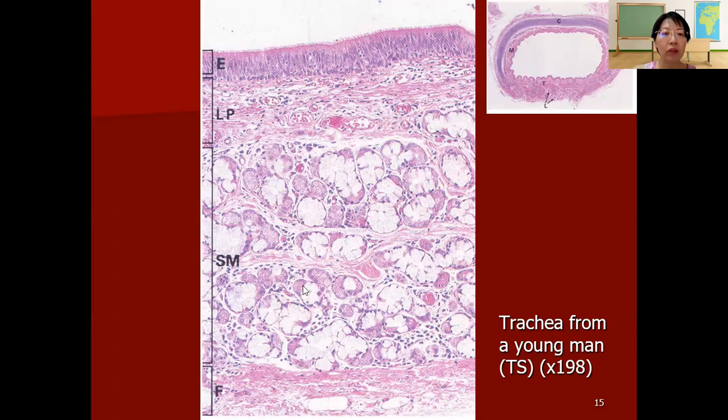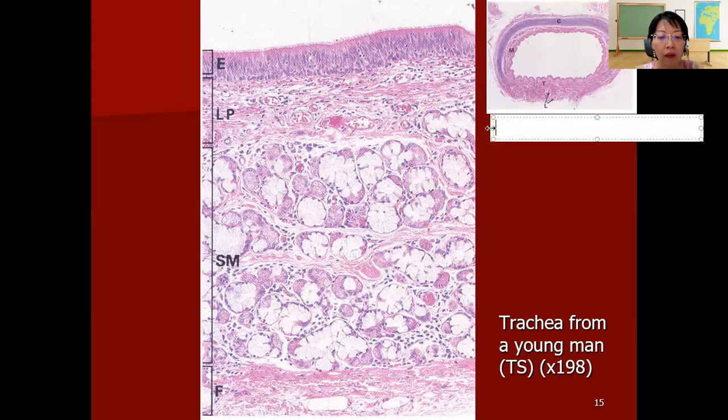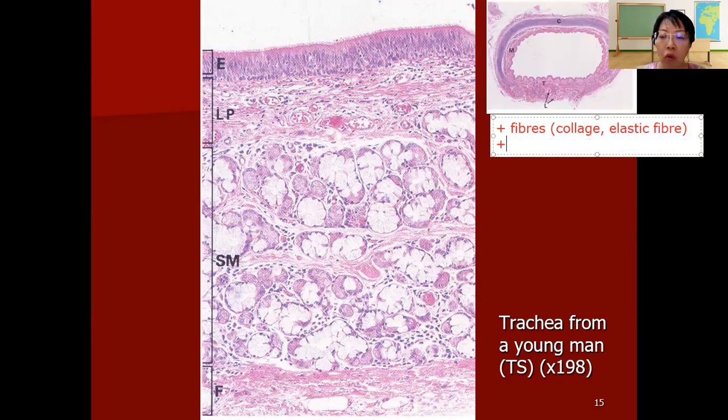After that, the rest of them are connective tissues already, but the connective tissue has got different composition in different locations. Basically, connective tissue will be made up of gel-like substance as well as fibers. The fibers that you can find can be collagen, it can be elastic fiber, and sometimes you also will find smooth muscle.